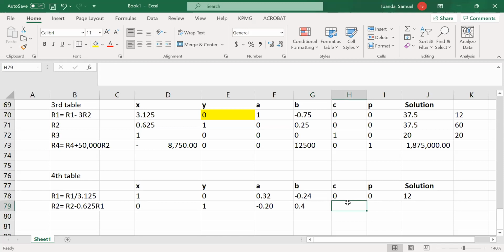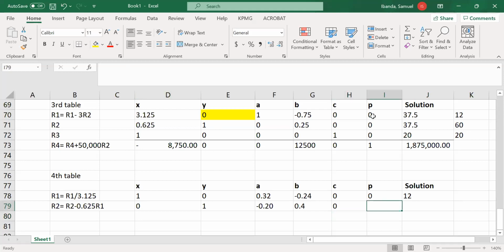So when I come to here, this one I have 0. My R2 existing is 0. Minus 0.625 multiplied by 0, minus, this is also 0. So this will be 0 basically.